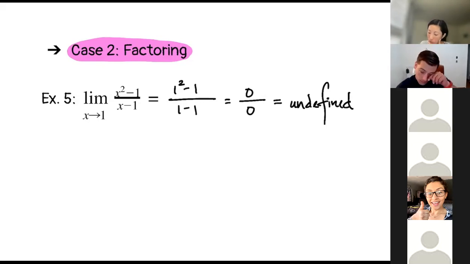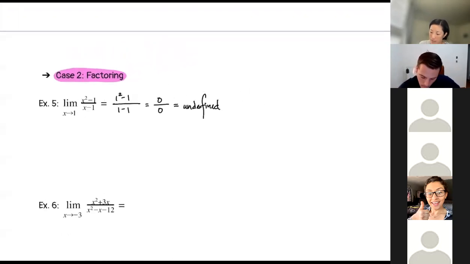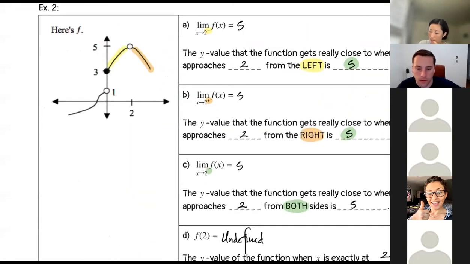This right here is exactly what you were talking about earlier, Jeremy. When I asked what we would get if we plugged in x equals 2, a lot of us said undefined. That other comment though was, but the limit is actually 5.